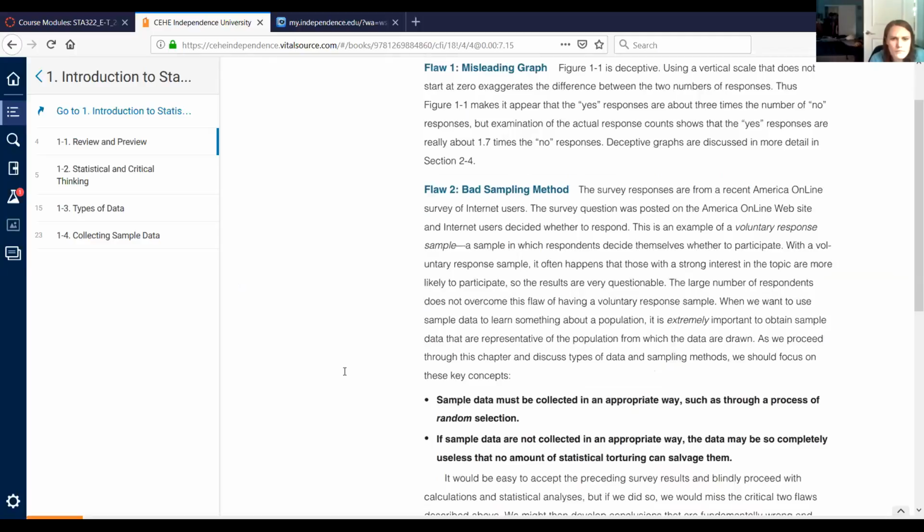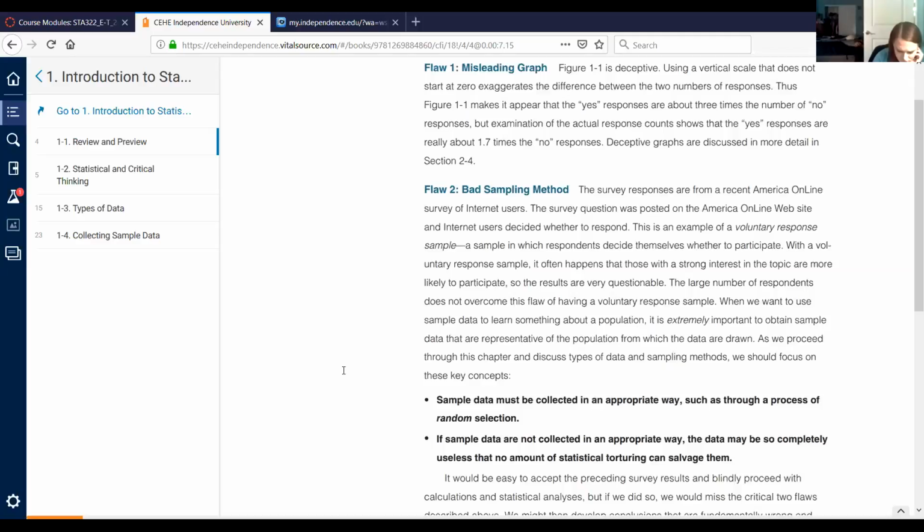This is called voluntary response. And we find that a voluntary response is skewed in the direction of people who have an interest in the topic or have a very strong opinion about the topic.